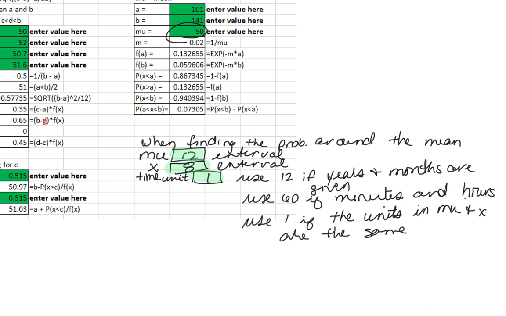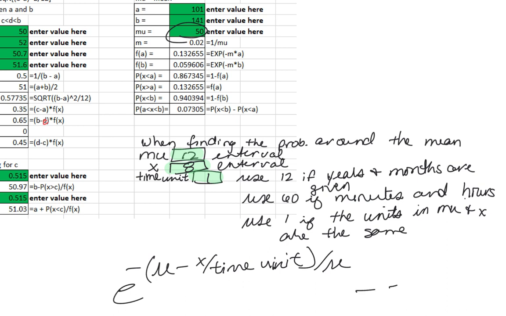All right, so the formula from up above would have been e raised to the negative mu minus the x divided by time unit, and then that gets divided by mu again.